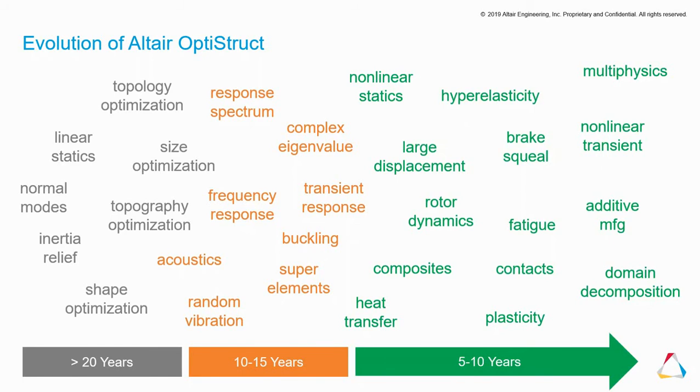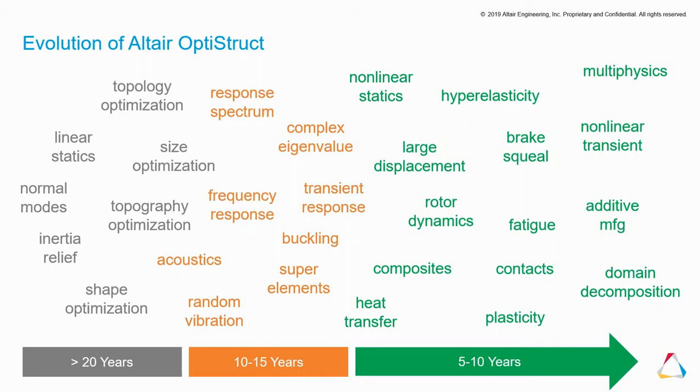But since then, we've continued to increase our development, and about 10 to 15 years ago, we focused more on the NVH side of things. And then more recently, about the last 5 to 10 years or so, we added functionality for nonlinear analysis, fatigue analysis, and so on.